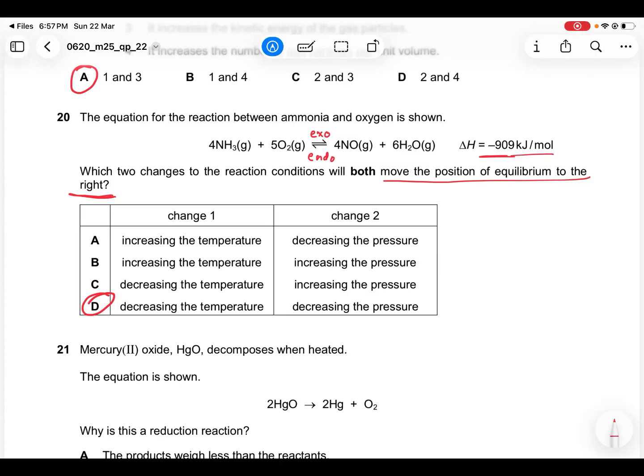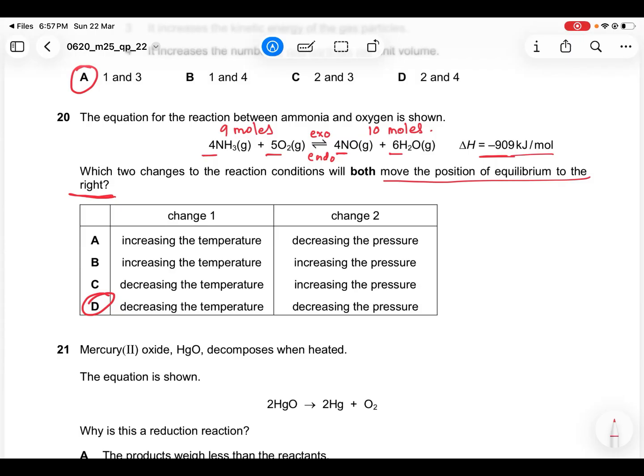We have 4 moles of NH3 and 5 moles of oxygen, which is a total of 9 moles. And on my product side, I have 4 moles of NO and 6 moles of water, which becomes a total of 10 moles. Now, if I increase my pressure, it will move to the side where there are fewer moles. Fewer moles are on the LHS, that is the reactant side.